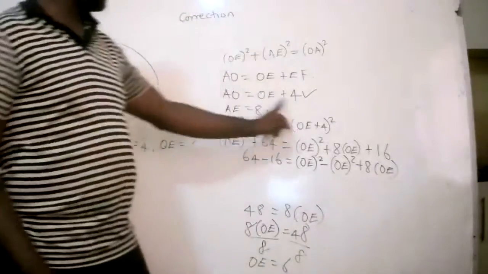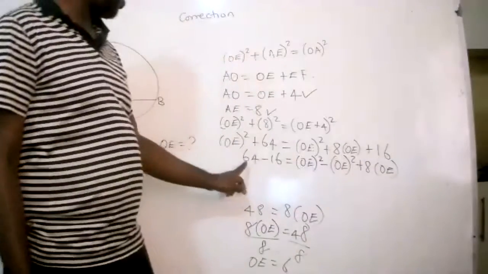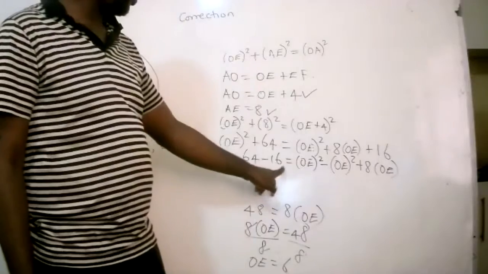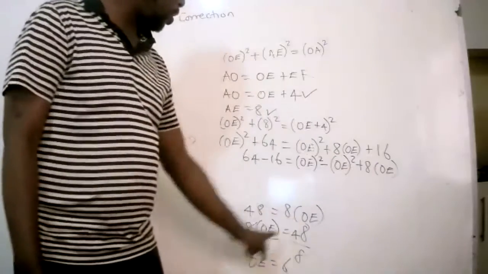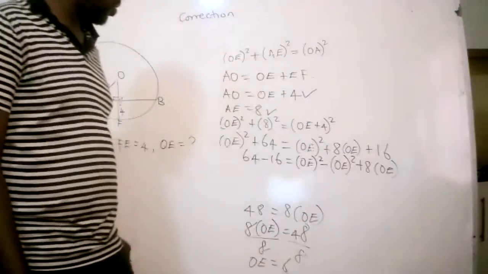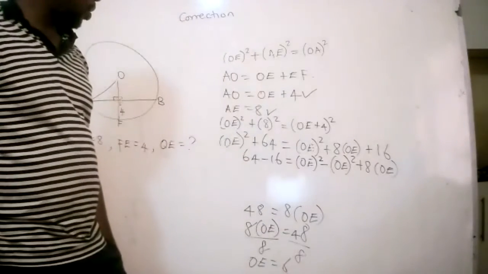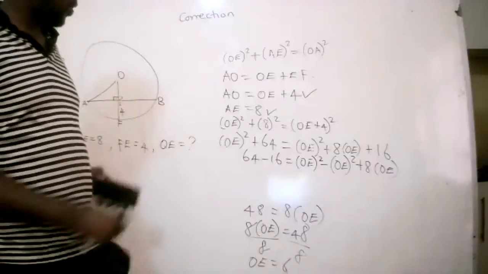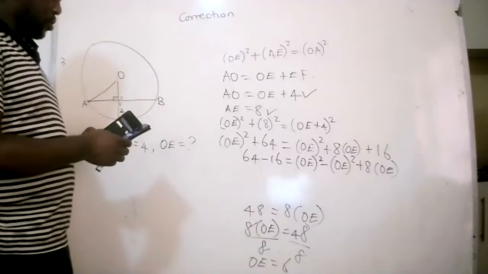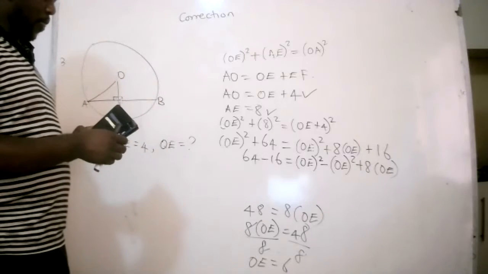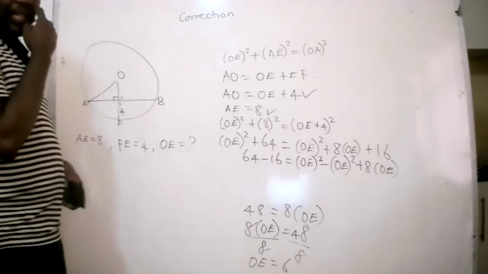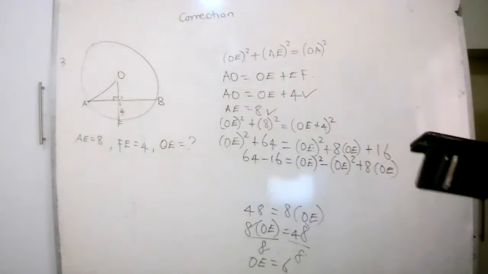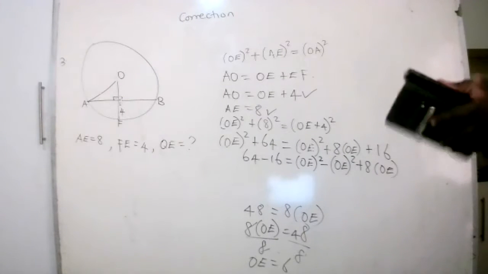After having that, we take this to the left-hand side and this to the right-hand side. So we have 64 minus 16 equal to this side minus that. So we have 8, and then we divide both sides, we get 6. 6 times 8 is 48. Yes. Let's interrogate your solution, because I don't see any step where we went wrong here.